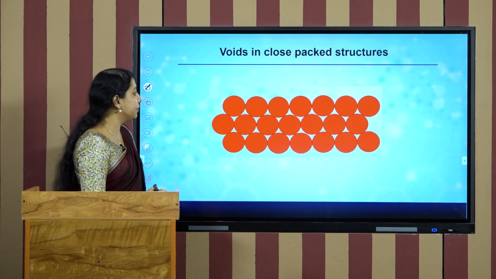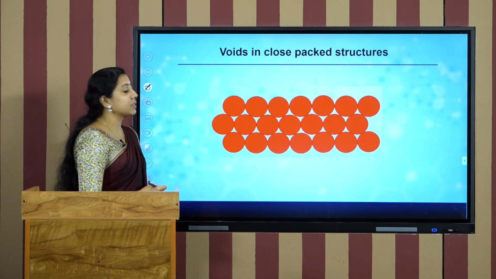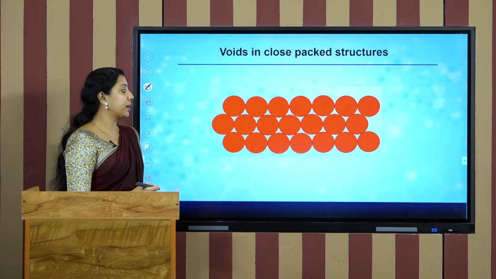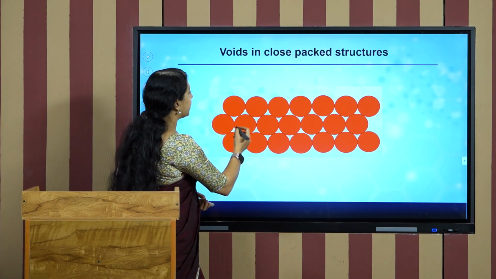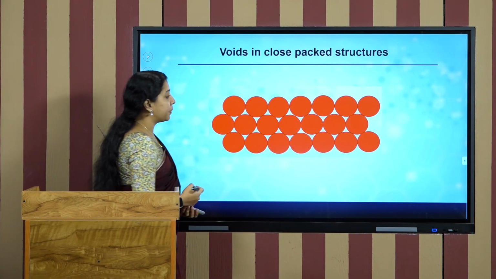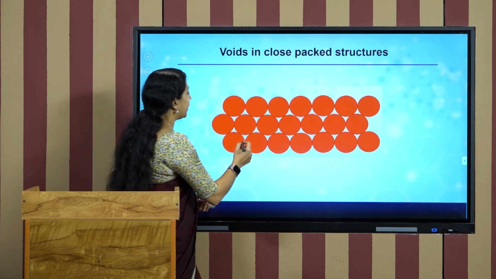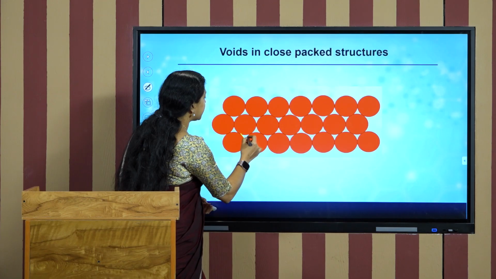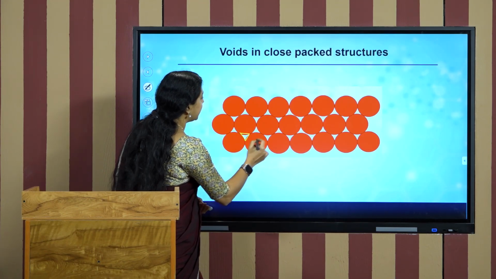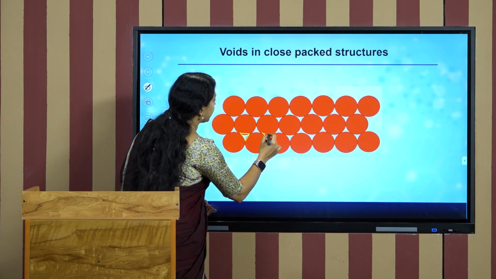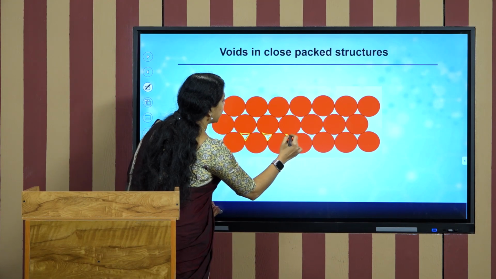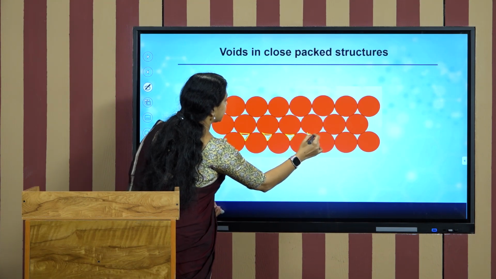As you can see here, the spheres are closely packed. The upper row are placed in the depressions of the first row, and this is considered the most efficient packing, but still you can see there are some empty spaces in between these spheres.